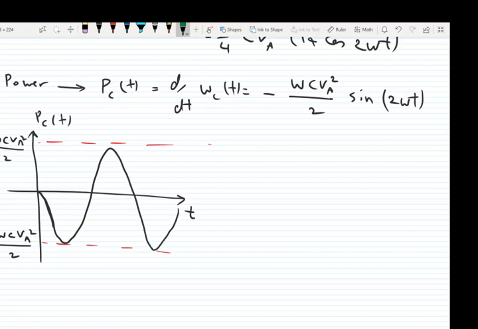This one is the power in a capacitor, and for energy we will have this graph.